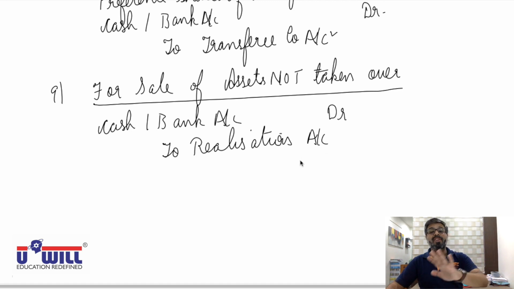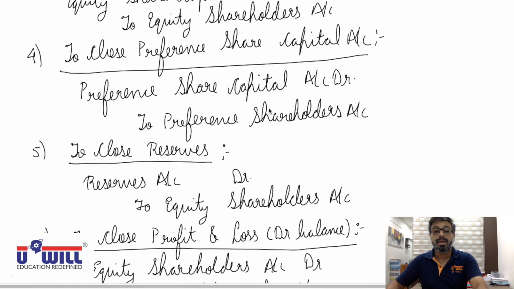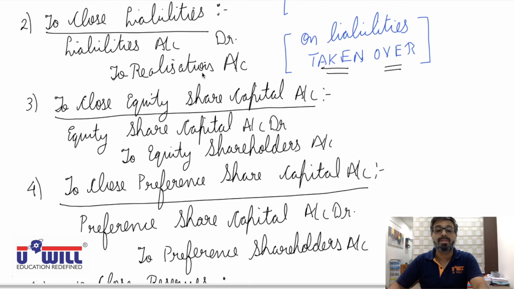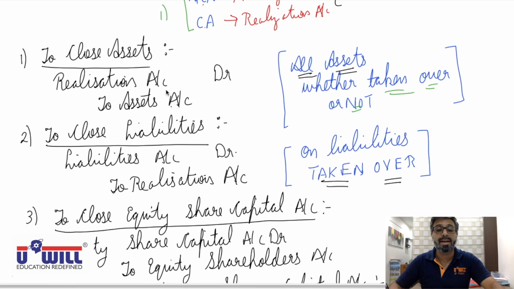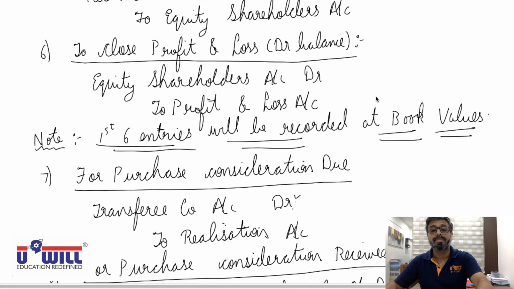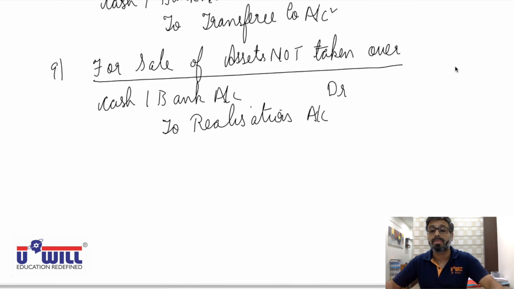And any profit or loss is not to be recorded, it automatically gets recorded. Why? Because assets account you close with book value, suppose machinery of 10 lakhs. So assets account you credit here machinery with 10 lakhs and transfer it to realization account, means in realization account, realization to assets, so debit side machinery will come with 10 lakhs.